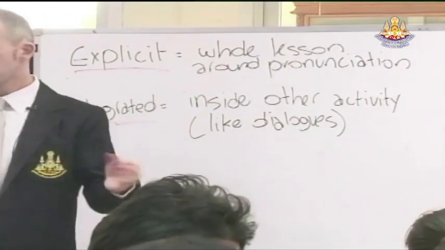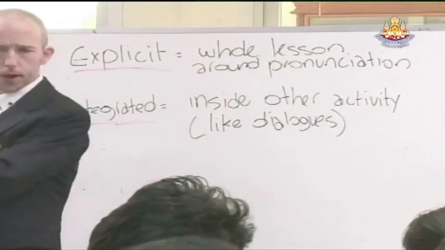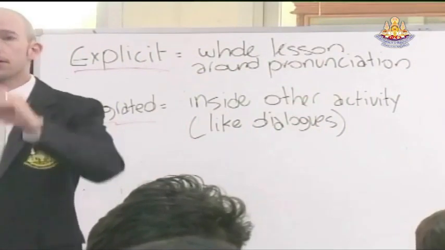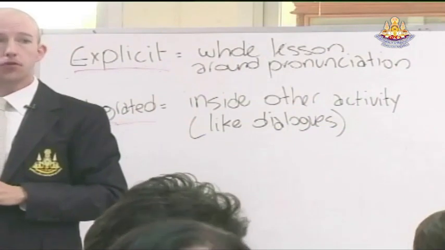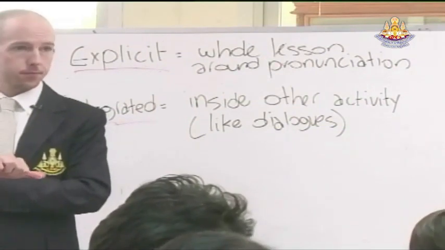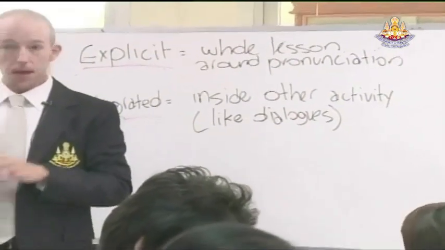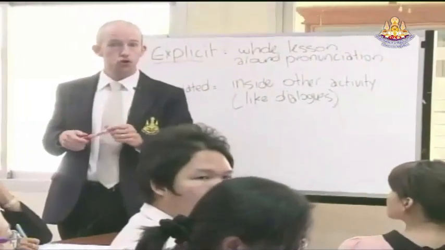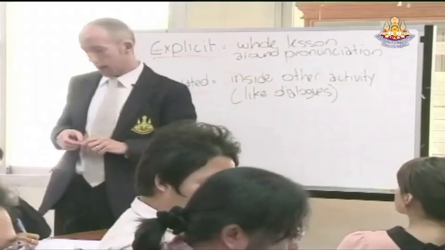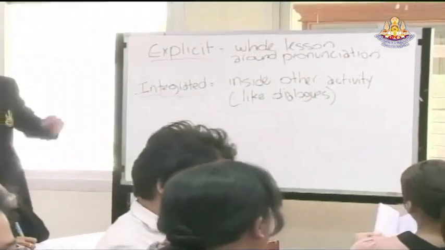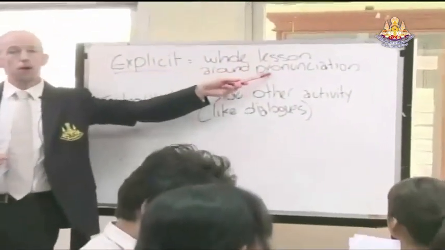Today, no books, put it all away. Today we're going to talk about F and V. And you spend 45 minutes, all class, talking about F and V. And that's good. Sometimes you should do that. That's called explicit pronunciation. The whole lesson is about pronunciation.